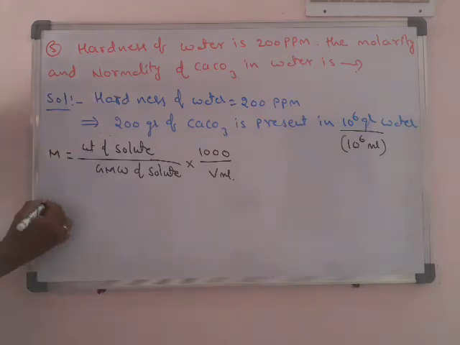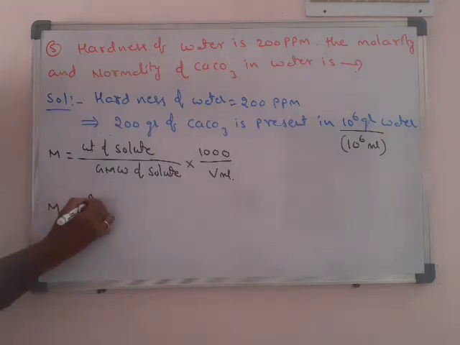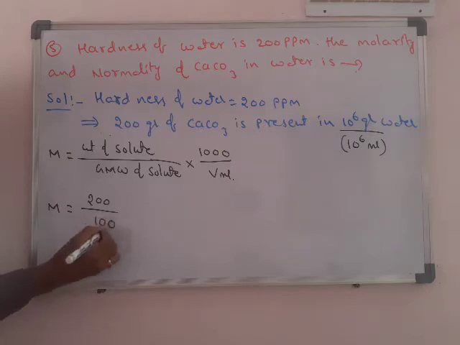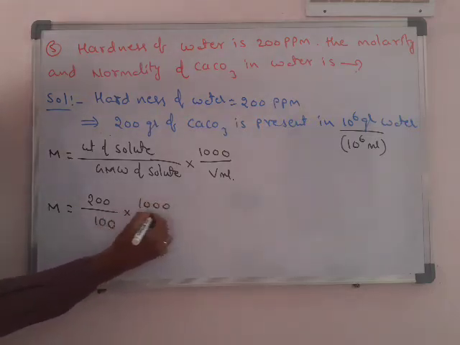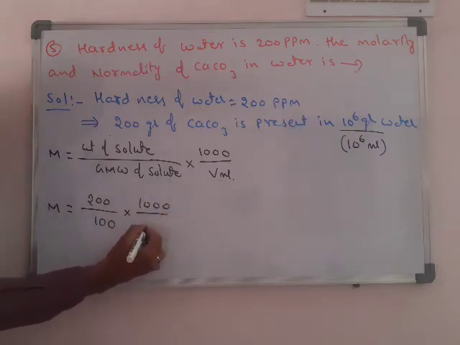So substitute the values. Weight of solute is 200 grams. Gram molecular weight of calcium carbonate is 100. Volume is 10⁶ milliliters.